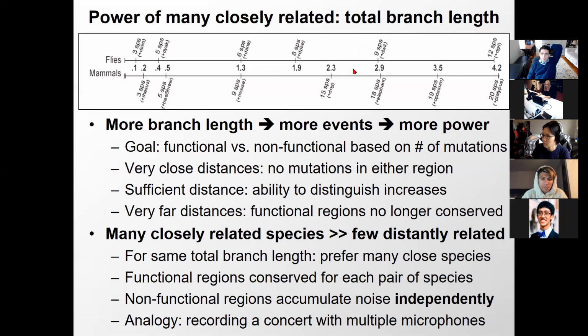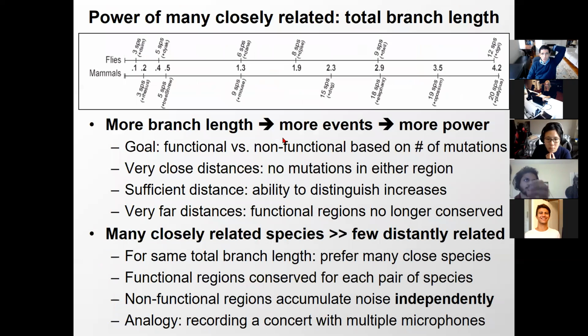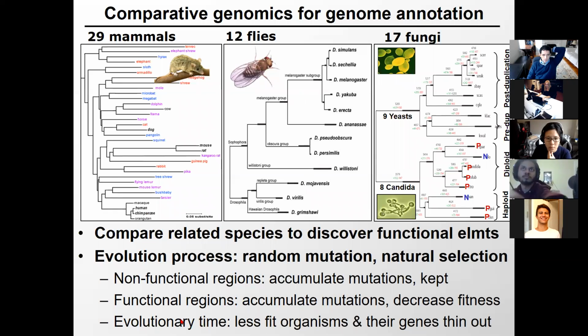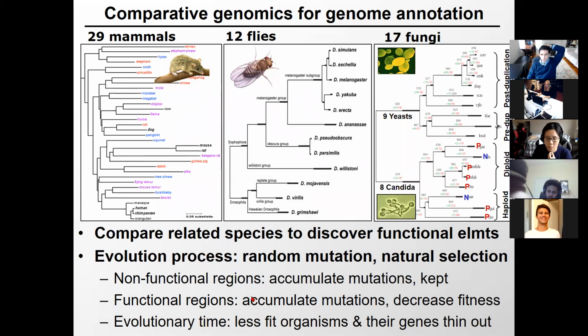So one of the things that we care about is, of course, power. So how much power do we have to discover these functional elements? And the very simple concept is that the more branch length you have, the more total length you have on the string, the more events you have that will be accumulating in non-functional versus in functional regions, and the more power you will have to distinguish the accumulation of mutations in the non-functional regions and their exclusion from functional regions.